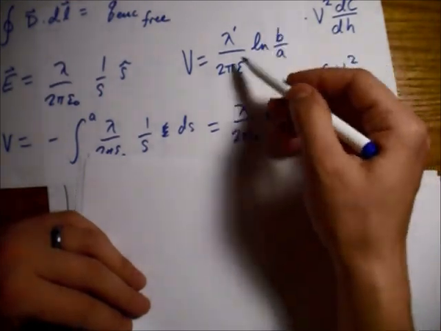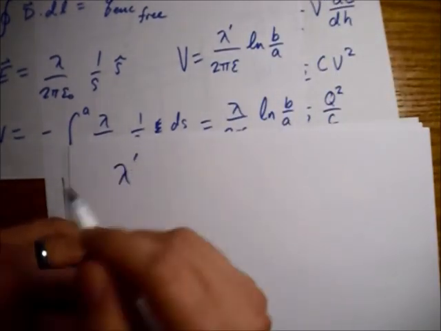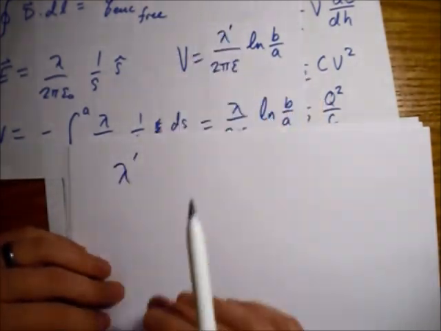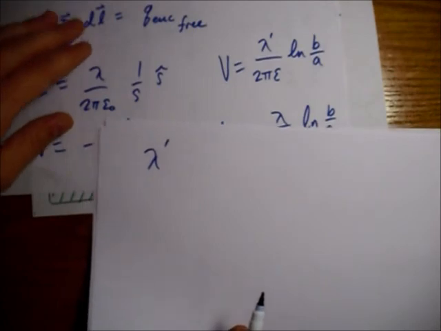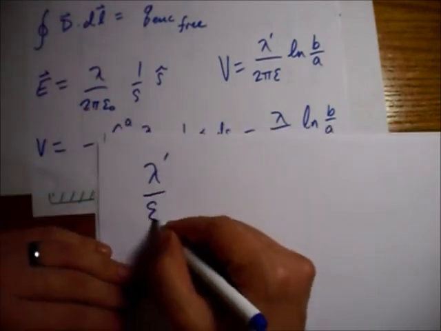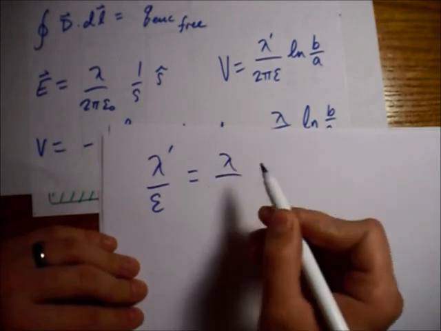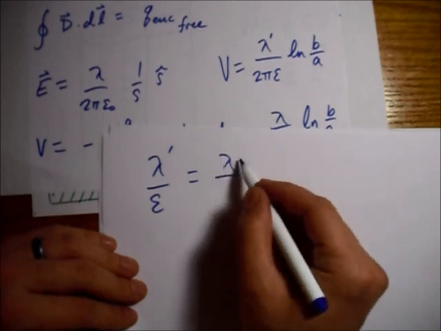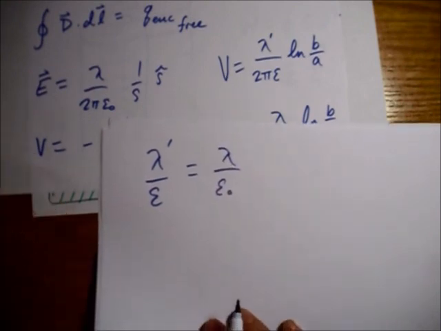The natural logs are going to cancel out, and the 2 pi's, and we get this free charge density, linear charge density down here below the surface of the oil. That's what this lambda prime is, divided by the permittivity is equal to the linear free charge density above the surface of the oil divided by the permittivity of free space or vacuum.